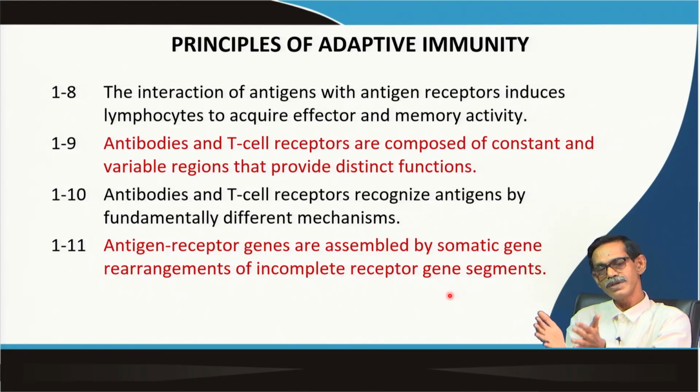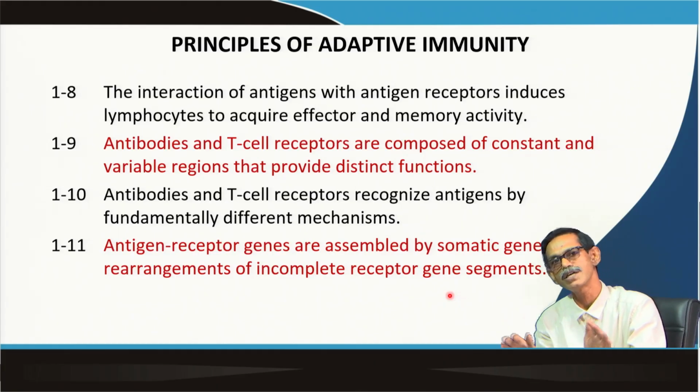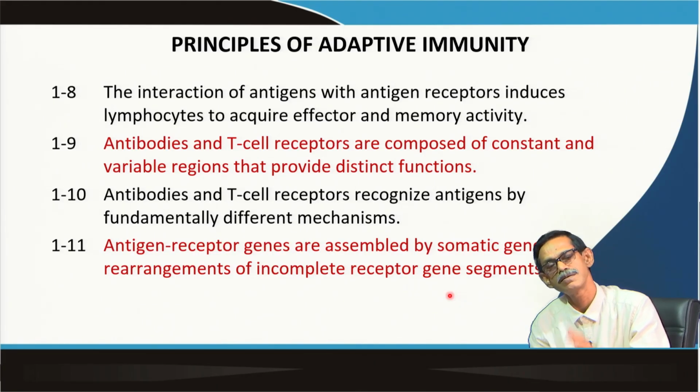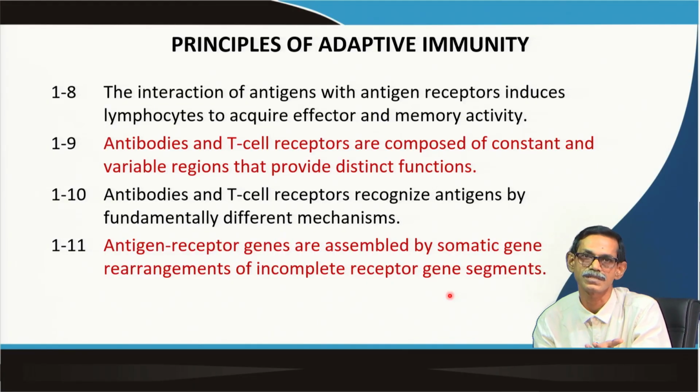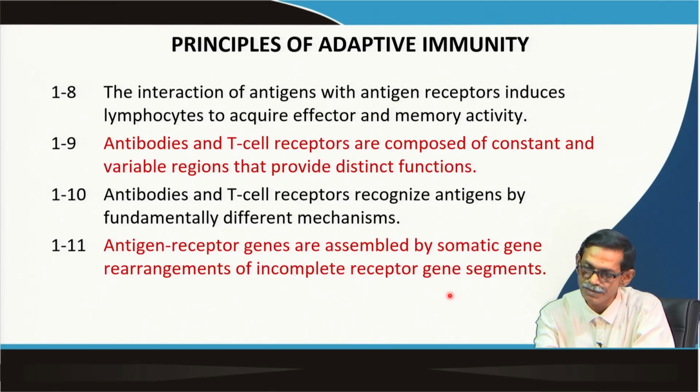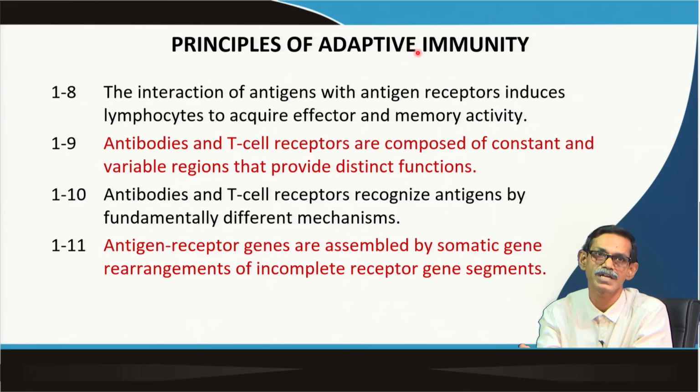I am not going to go into detail like what is what, but eventually we will see, and whatever we discuss in the first three or four lectures, we will explain in much more detail later, and then many things will be clear. There are also many questions that nobody can answer because it is not known yet. Okay. Let us start with the principles of adaptive immunity, which I am just going to outline.